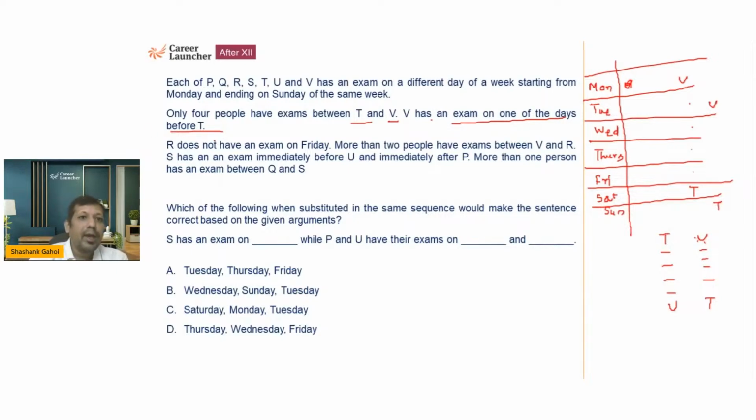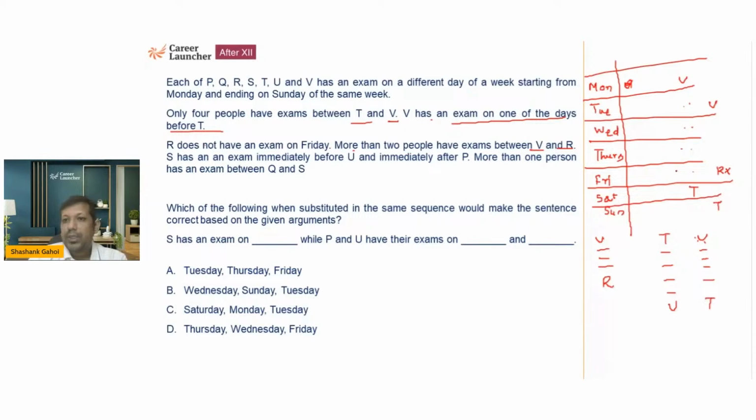R does not have exam on Friday. So on Friday, I cannot have R. More than 2 people have exam between V and R. More than 2 people means at least 3. Now I am going to say V, 1, 2, 3, then R. If V is here, 1, 2, 3, then R. That's not possible.